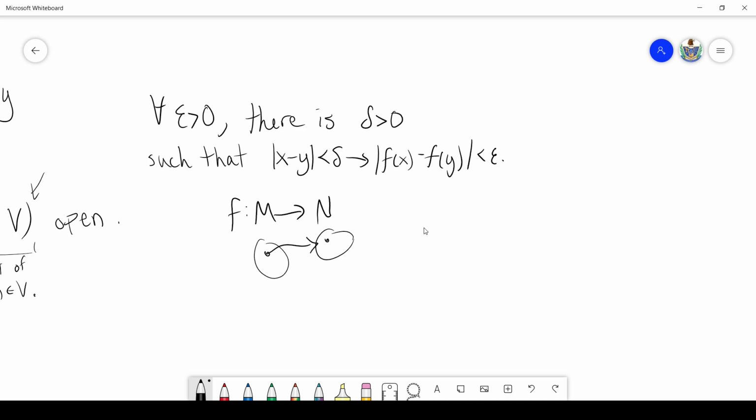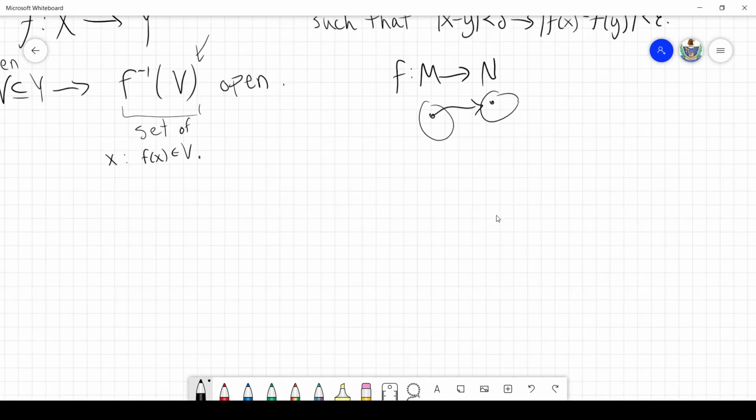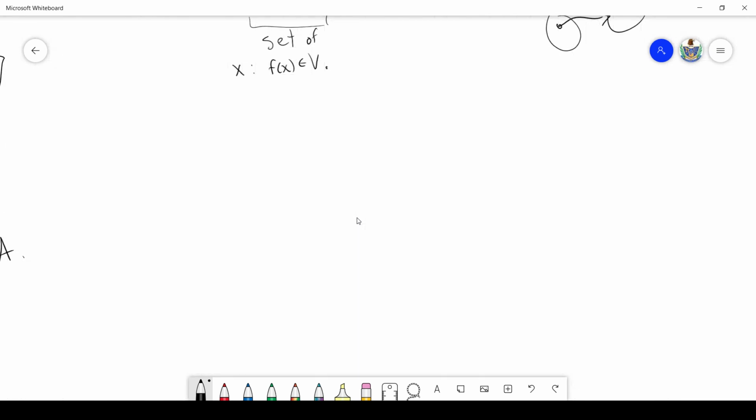So if you want to think about it like that, then that's perfect, because we happen to be dealing with manifolds and not general topological spaces.